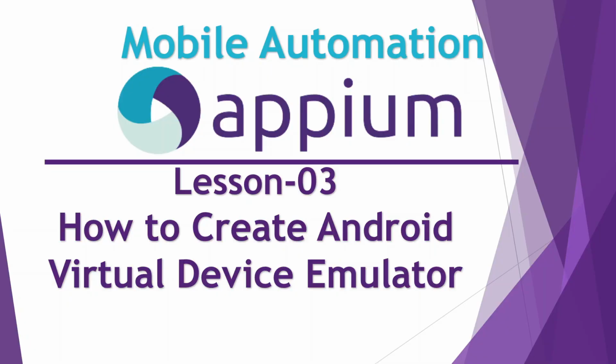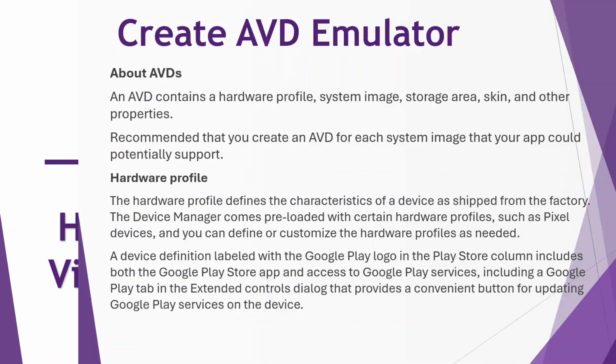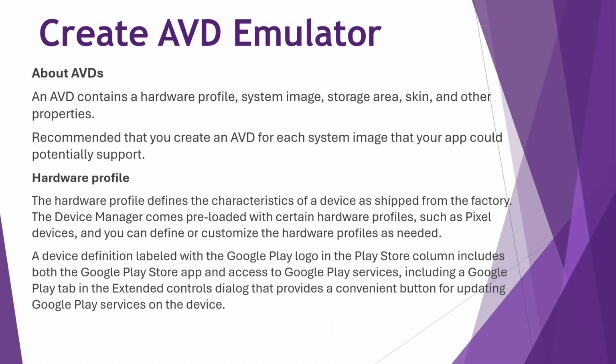This is lesson 3, where I'm going to teach you how to create an Android virtual device emulator. So before we start learning the step-by-step process to create an Android virtual device emulator, let us first understand what we mean by an AVD emulator.